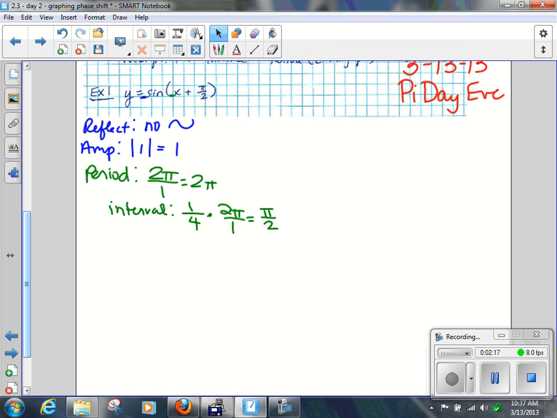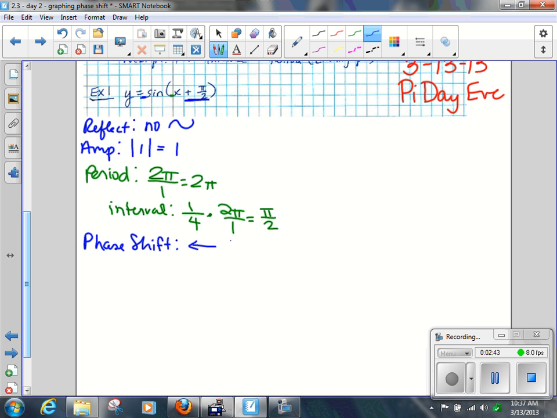Then, what's next? We look at this right here, plus pi over 2, which is going to help us find our what? Phase shift, which is our horizontal shift of our curve. If it's plus pi over 2, we're thinking that it ought to go which way? But it actually is going to go left.